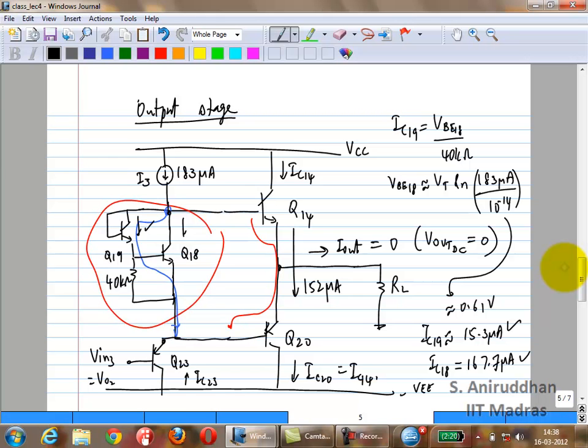You need to know the beta of the PNP to actually calculate it. Now, why don't you take a representative number? What did I say yesterday? 40 or 50. See what happens if you have 50. What is the base current? Approximately 3 microamps. So what is this? 183. This is around 180, almost the same. That's not a big problem.